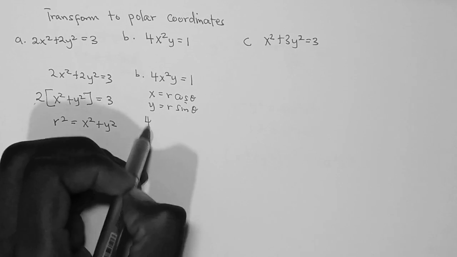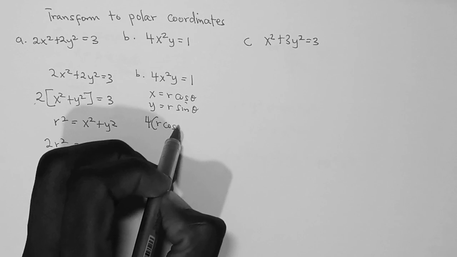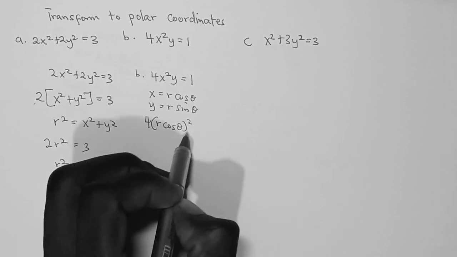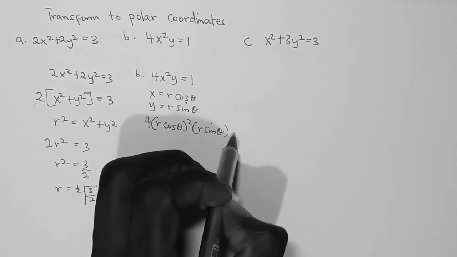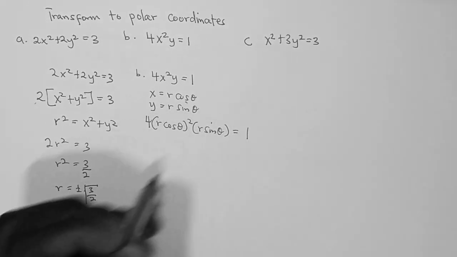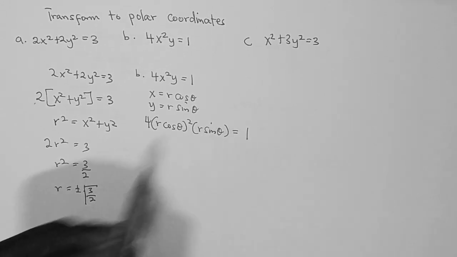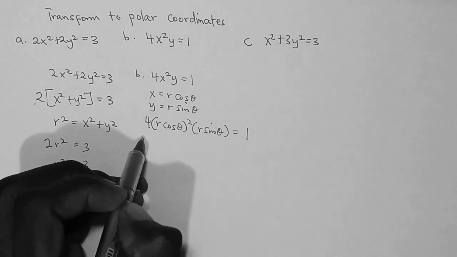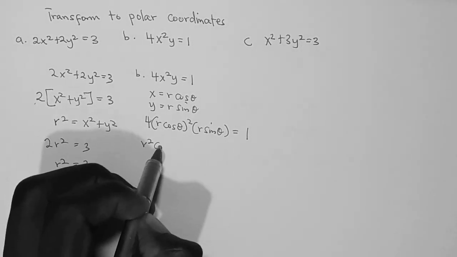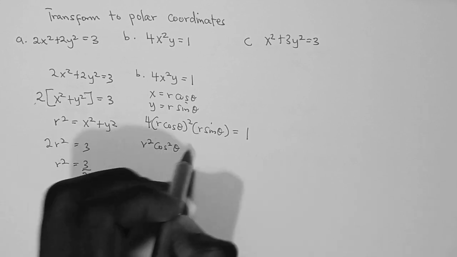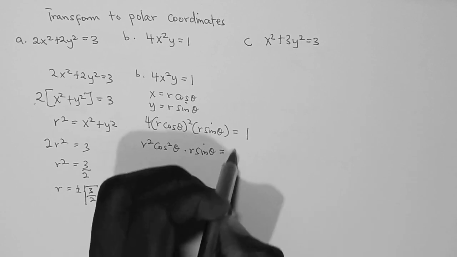So it becomes 4, then x squared becomes r cos theta all squared, then times r sin theta equals 1. So let me divide through by 4. So here becomes 1 over 4. If we expand, this becomes r squared cos squared theta, then times r sin theta equals 1 over 4.